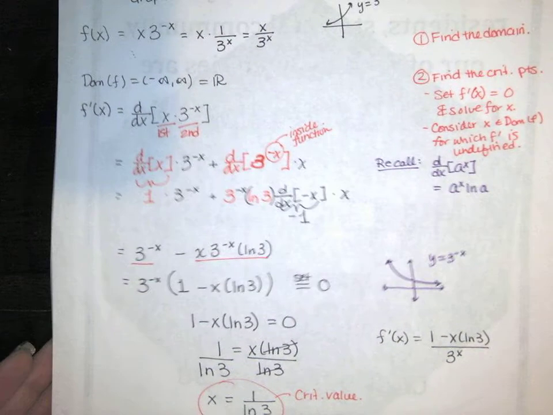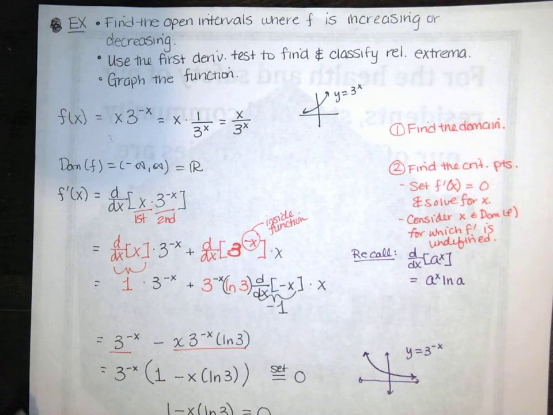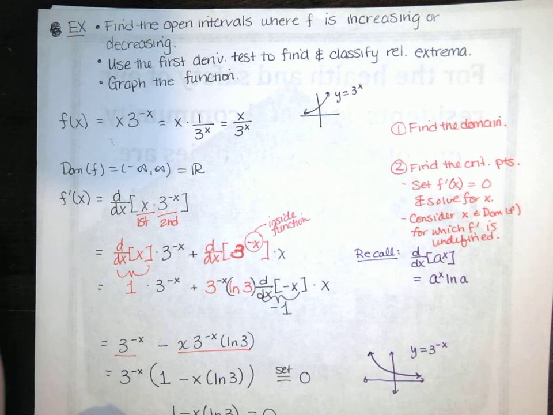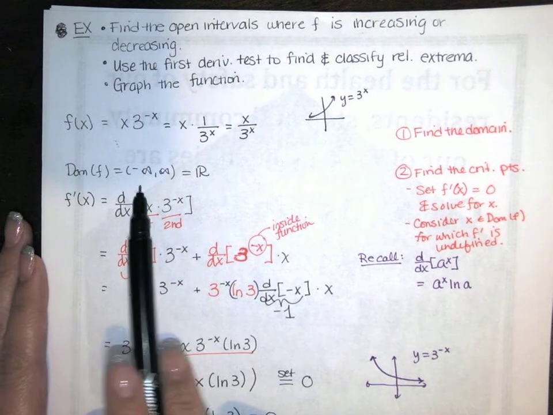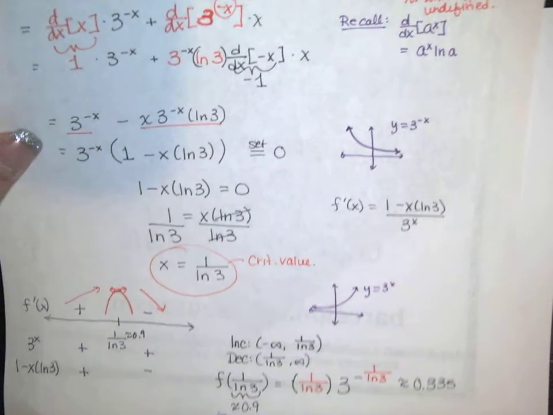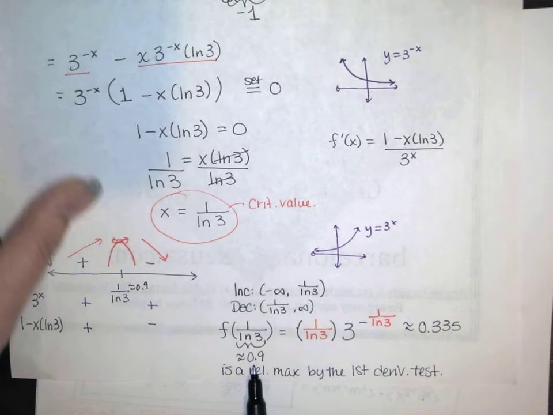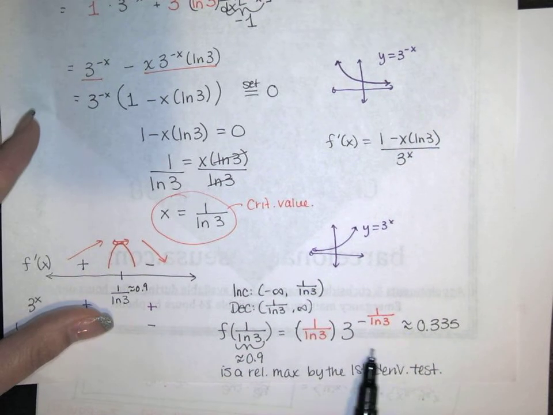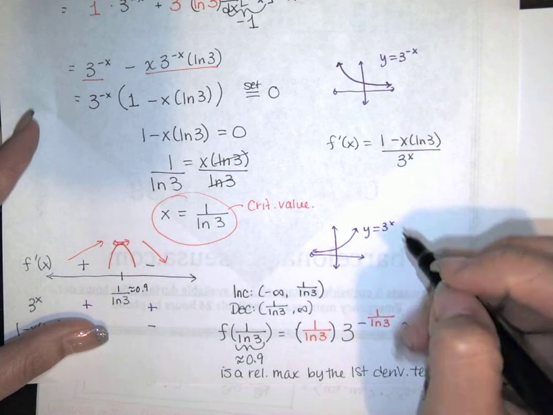Okay, and now we'd like to graph the function. With the little information that we have so far, we'd like to have some sense of what the graph looks like. Well, we know it's well defined for all real numbers, and at x equals 0.9 approximately, y is equal to that, and that's a relative max.